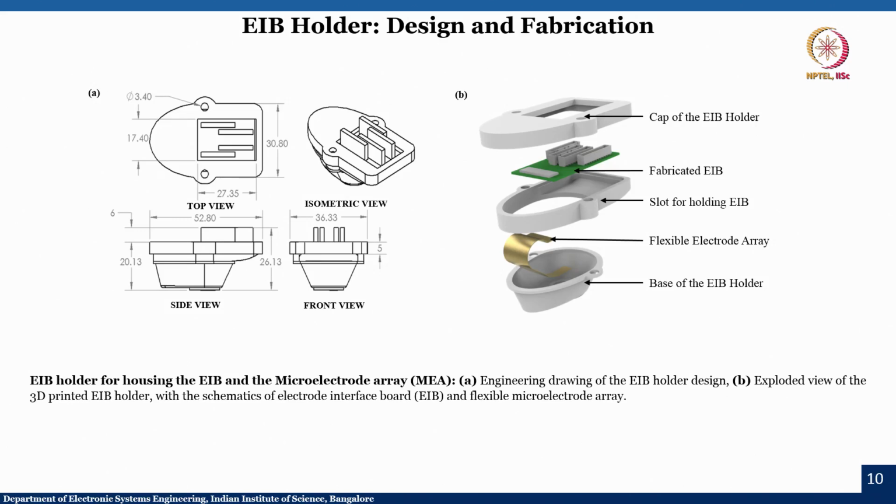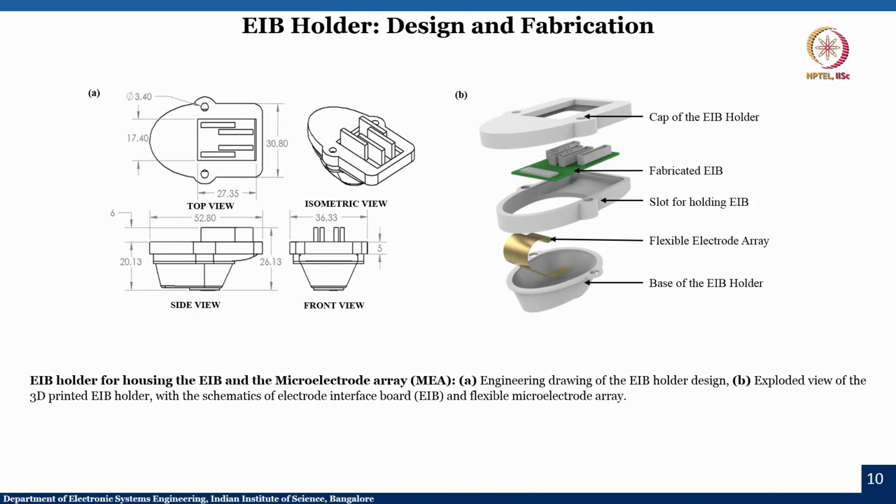So, A shows the engineering drawings, where you can see the top view, isometric view, side view and front view, while B is an exploded view of the 3D printed EIB holder. What is inside the EIB holder is what we have shown to you. The first one is the cap of the holder, the second one is a fabricated EIB, the third is a slot for holding the EIB, and the fourth is the flexible electrode array, finally followed by the base of the EIB holder.